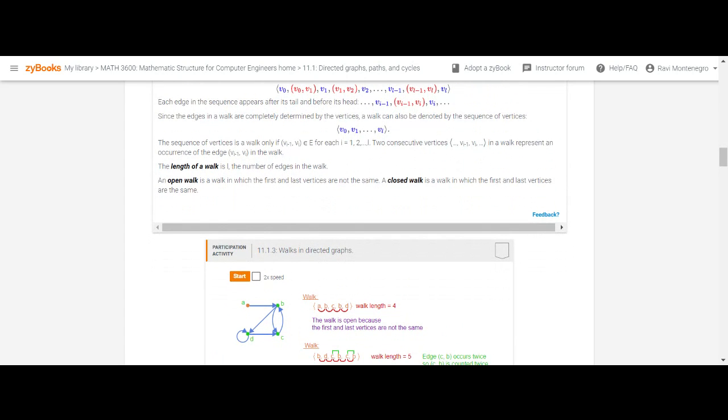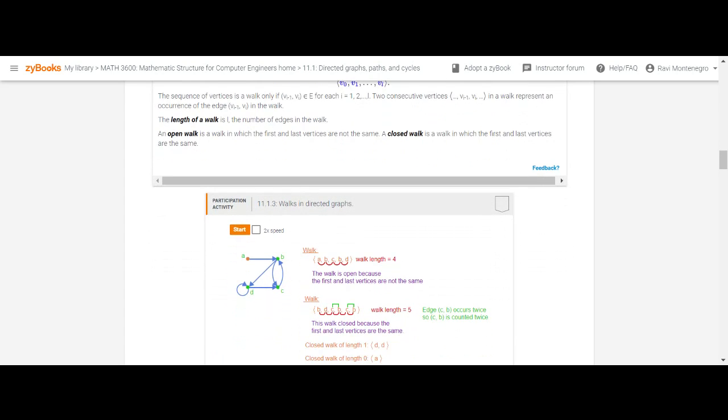If you look at the activity down below here, maybe I start at A, and maybe these arrows represent paths, places I can go. So there's no way to get from A to D directly, but I could go from A to B and on to D. We call that a walk.